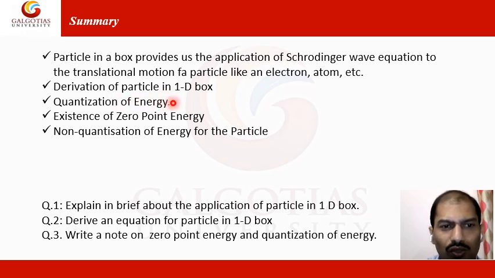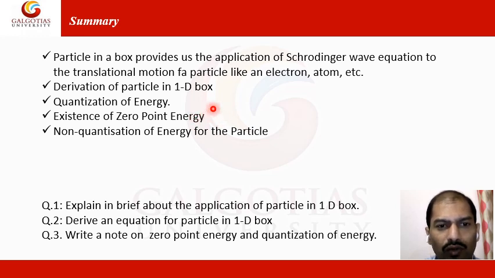So quantization of energy and existence of zero point energy, as I said, here the value of n will be put as 1. If it is asked for the ground state energy, the value of n will be 1, not 0, otherwise the overall solution will not give the correct answer.